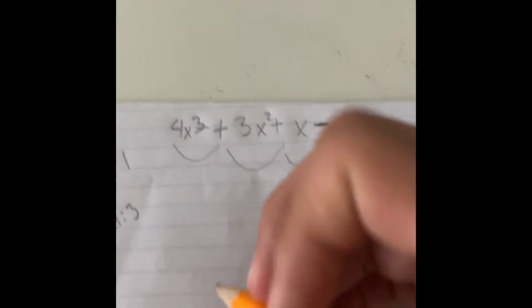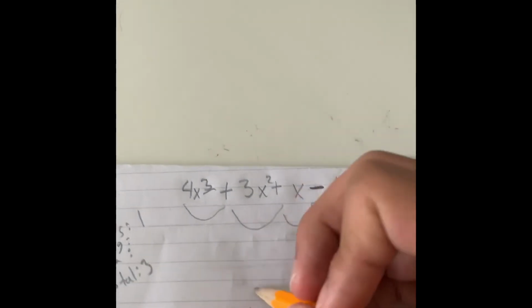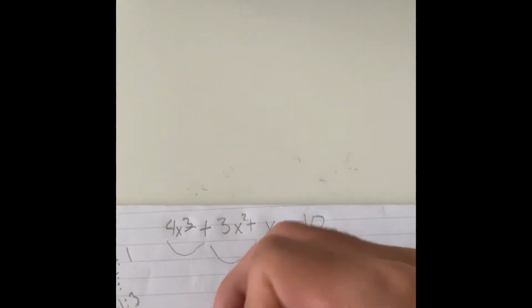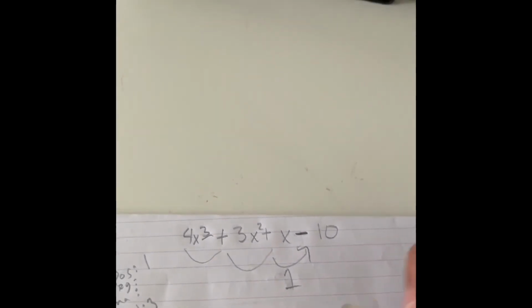So that means, let's look at negative. Negative x cubed times 4 plus 3 negative x squared plus negative x minus 10.